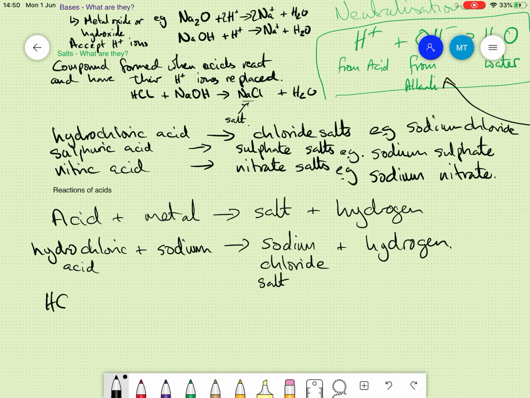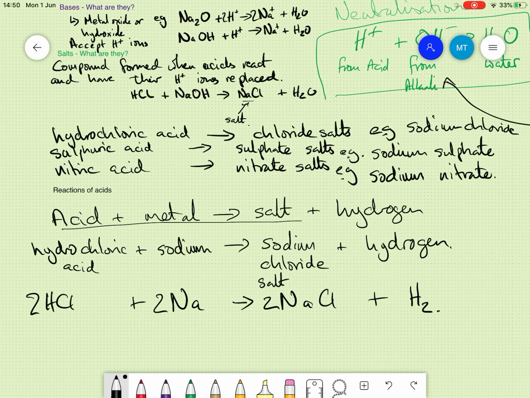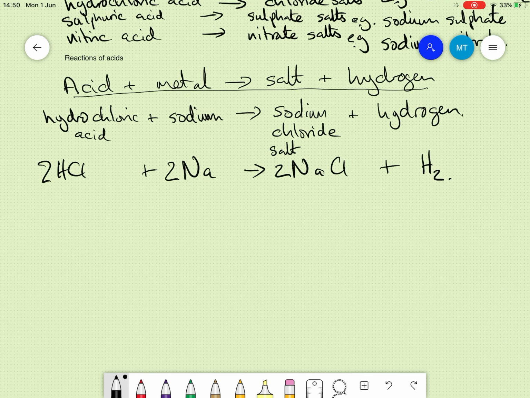So that'd be HCl plus Na goes to NaCl plus hydrogen, which is H2, and so therefore we're going to have to balance that: put a 2 there, put a 2 there, and put a 2 there. So there's the first one we need to learn.